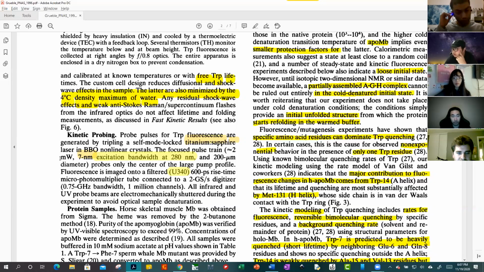And the pulses are 2 milliwatts, right? And they don't say how intense the pulses are, but what they probably have to do is tune the pulse intensity so that it doesn't bleach the samples.